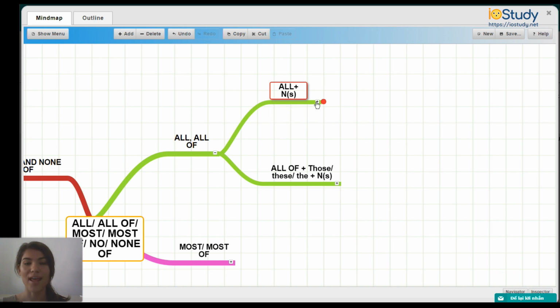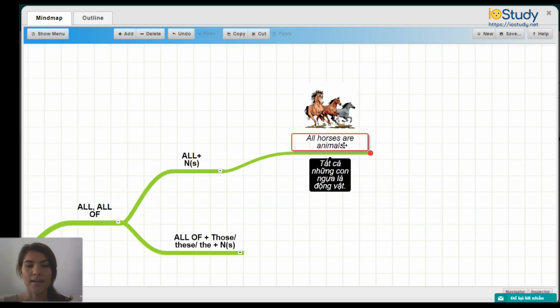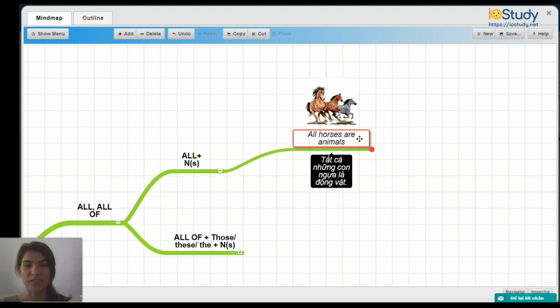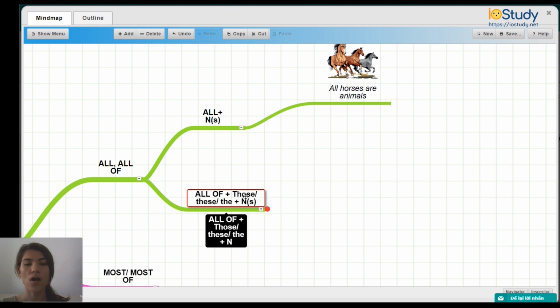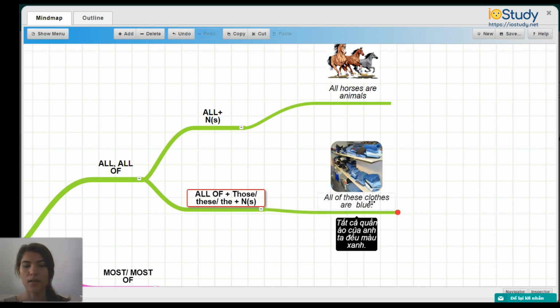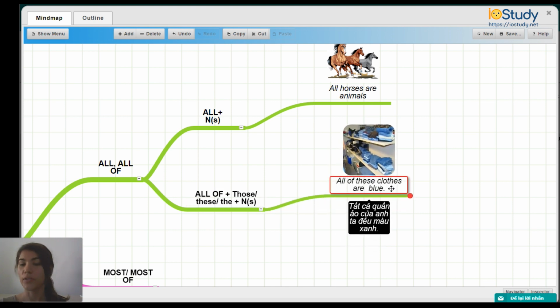All plus noun S. All horses are animals. And all of those, these, the, plus plural noun. All of these clothes are blue. Okay, so in these examples, we're using all and all of.